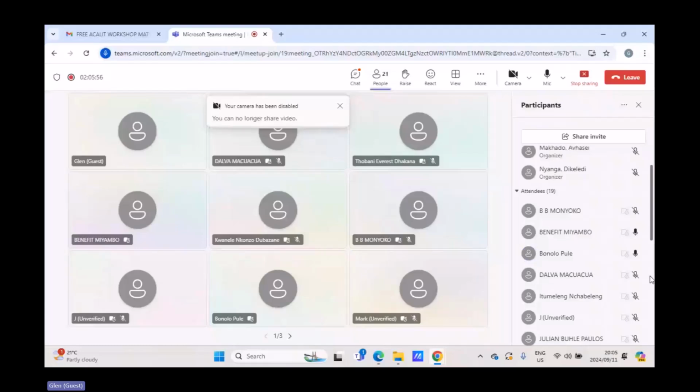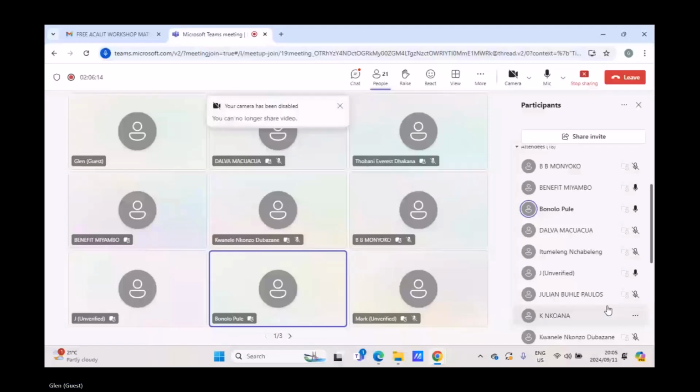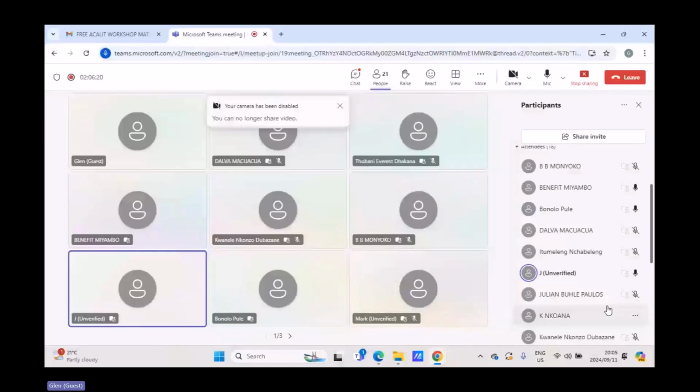There is this person here who just wrote J, unverified. Please call this J for us. I don't know if it's a she or he, so can we get your answer? Julian, answer, which is x equals to 0. Oh, is it Julian? Okay. Thank you, Julian.